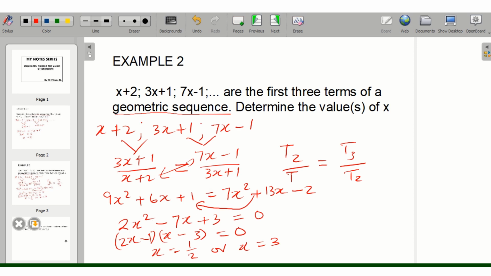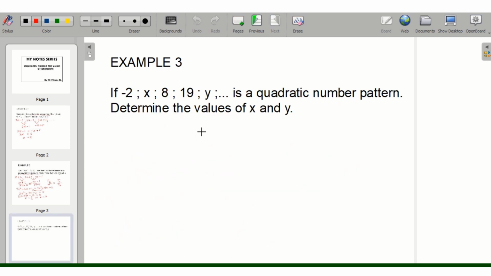Let us look at one more example. So now we are told we have a quadratic number pattern. So we have minus 2x, 8, 19, and y. So a quadratic number pattern is supposed to have a second common difference.